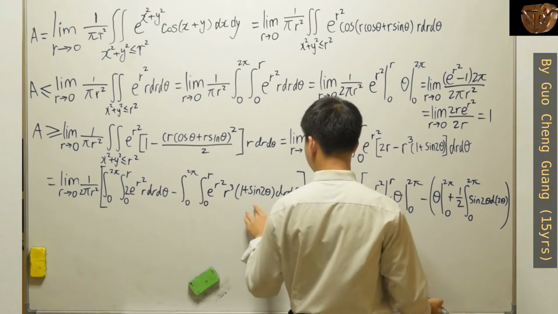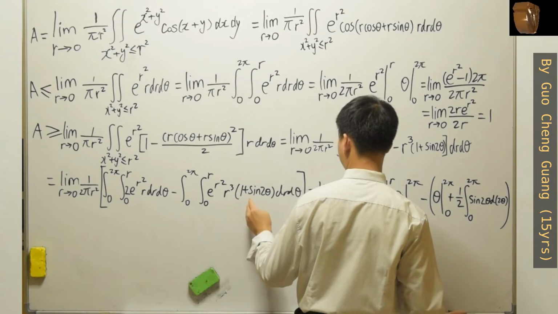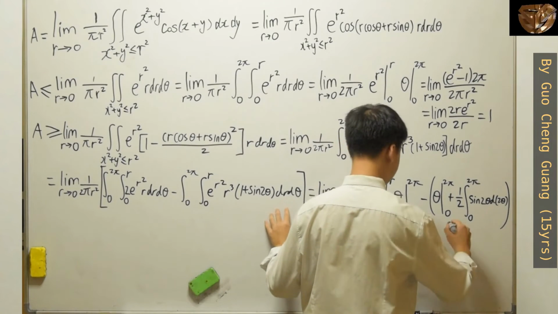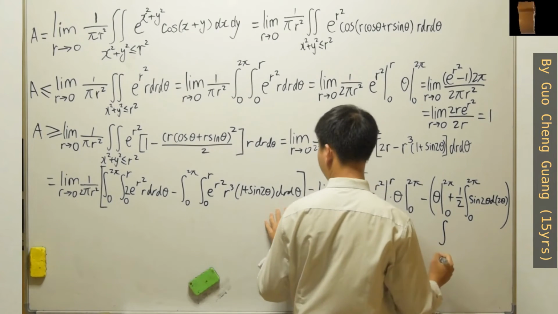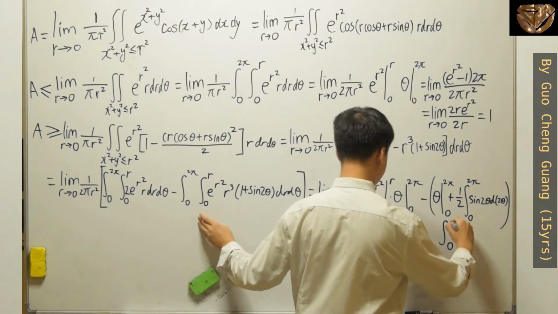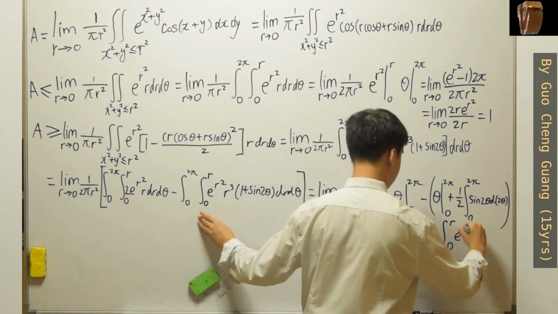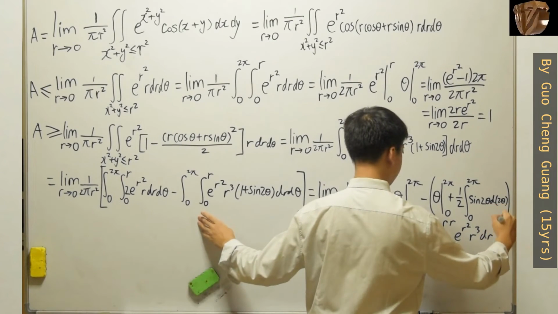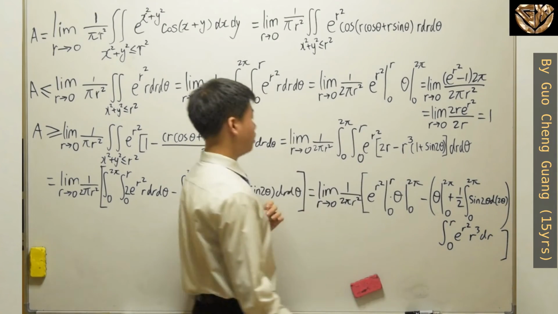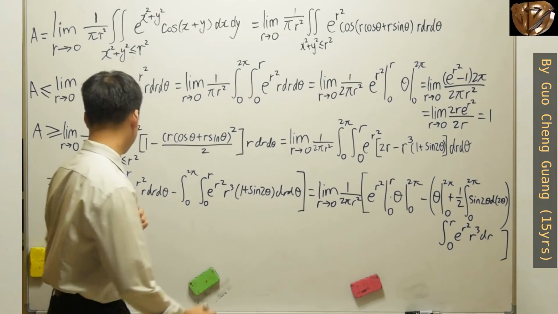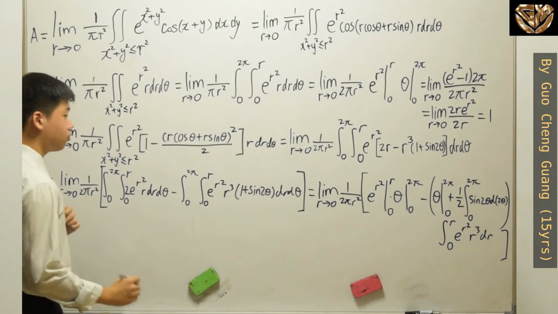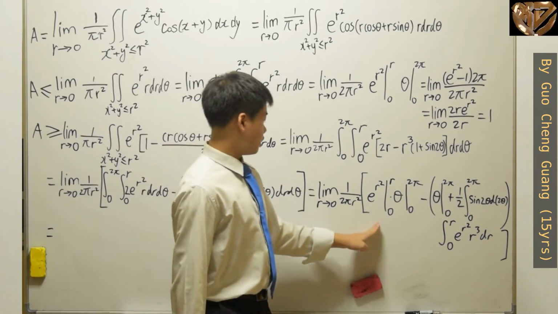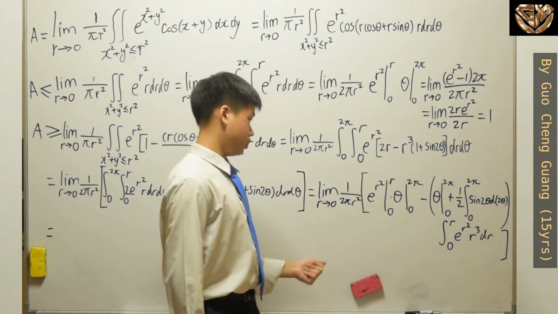Okay, so that will be for 1 plus sine 2 theta d theta. And the last part that you'll be seeing is, of course, your terms with r. Alright, so this is pretty much what you will be seeing. Looking at the first term, we have e to the power of r squared minus 1.